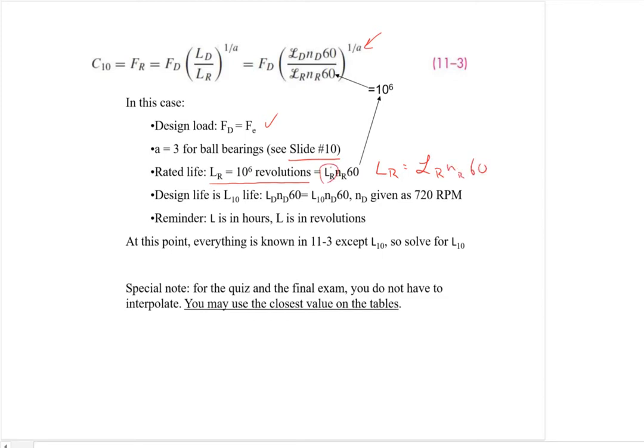This didn't come through right. Same thing here and here. This should be L sub D N sub D times 60 equals L sub 10 N sub D times 60. And they have the design RPM here as 720 RPM.